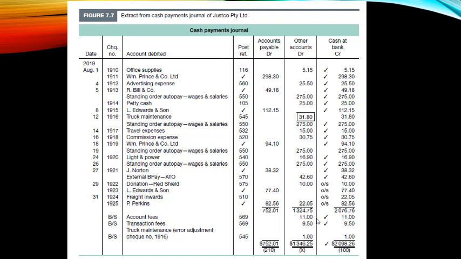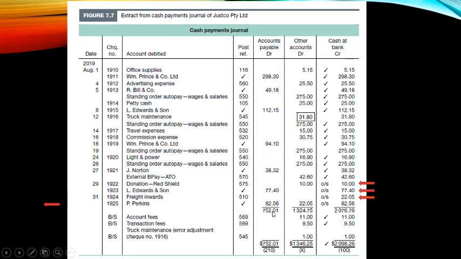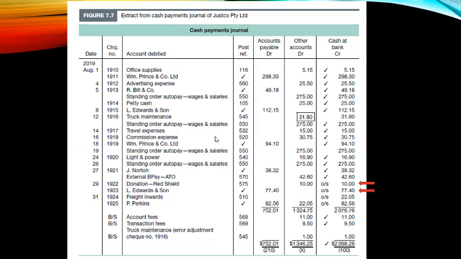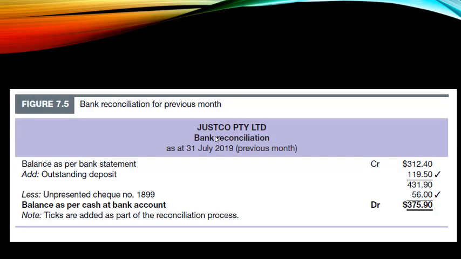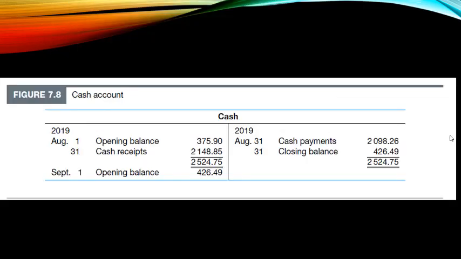Now, we have an outstanding deposit of $219.40, and we have these unpresented checks. When we perform the bank reconciliation, we have the opening balance coming from the cash ledger. Cash payments you can see in the cash payment journal, and cash receipts in the cash receipts journal.